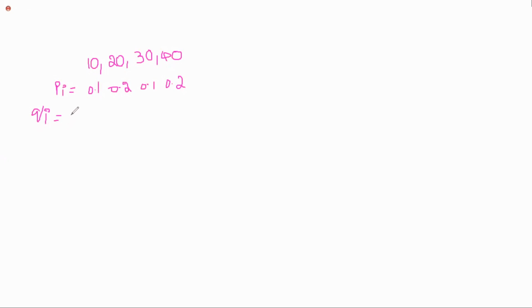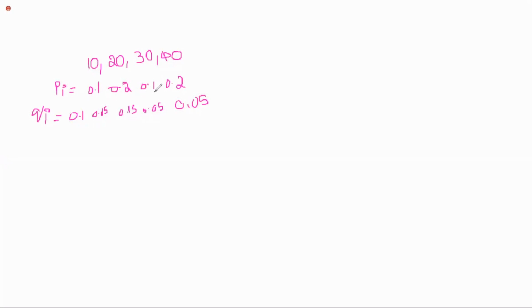The unsuccessful probabilities are: first 0.1, second 0.05, third 0.15, fourth 0.05, and fifth also 0.05. Now we add: 0.1 plus 0.2 is 0.3.